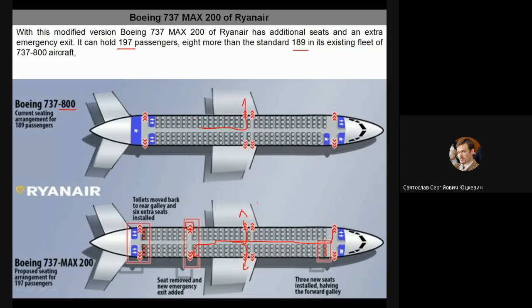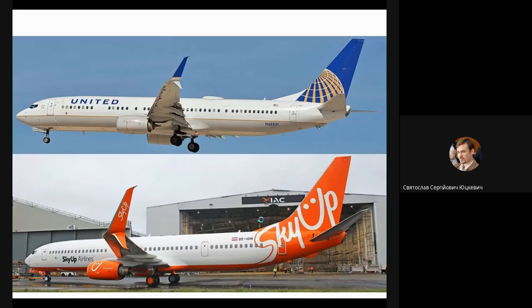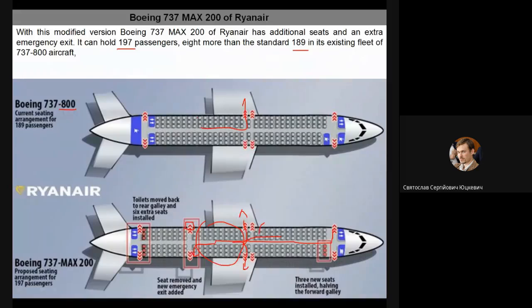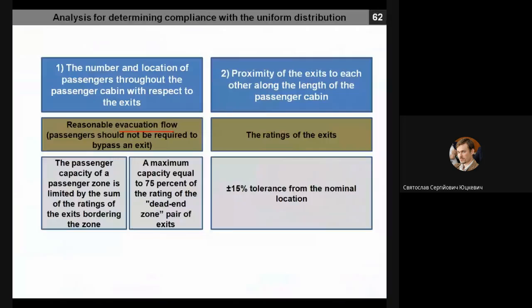So that's why there could not be a crowd of passengers from this side of the cabin in this part of the passenger cabin. It's a decision that was taken into account by the government.